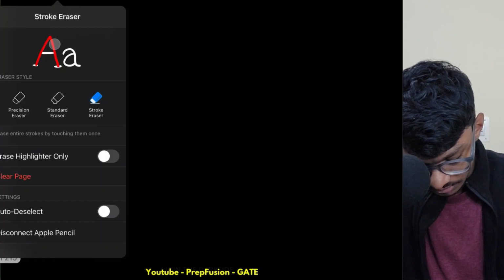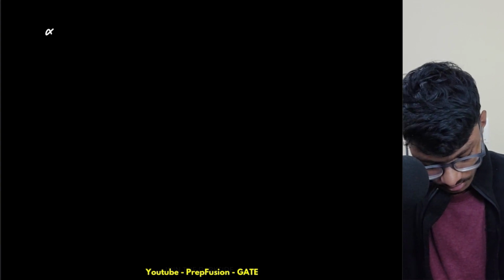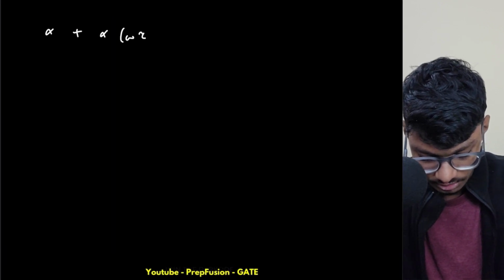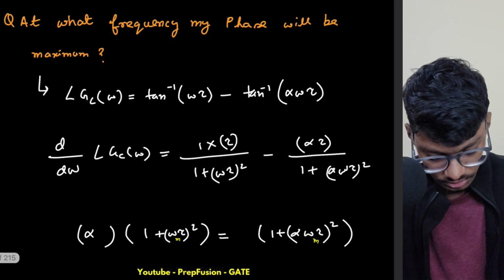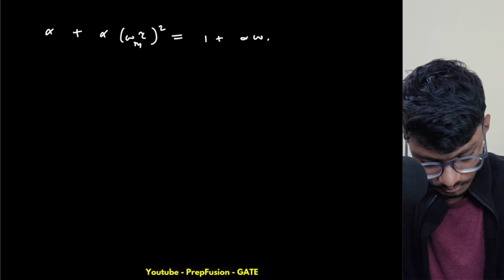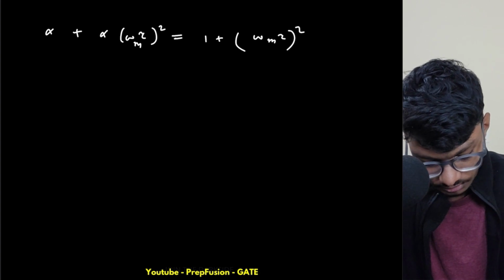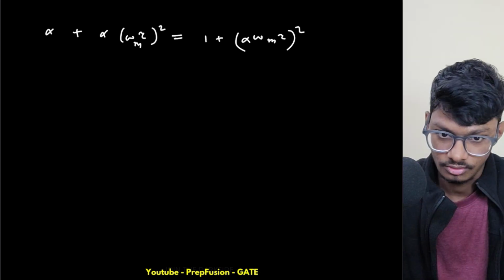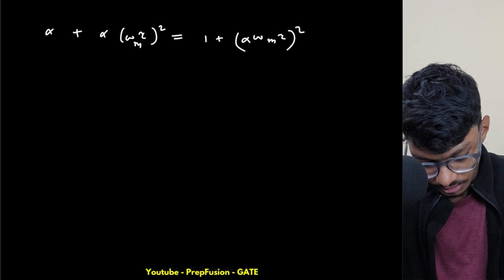So I will get alpha plus alpha omega m tau square equals 1 plus alpha omega m tau square. Okay, so this is alpha. Now what we can do is take the alpha thing common. I can take this omega tau square common.